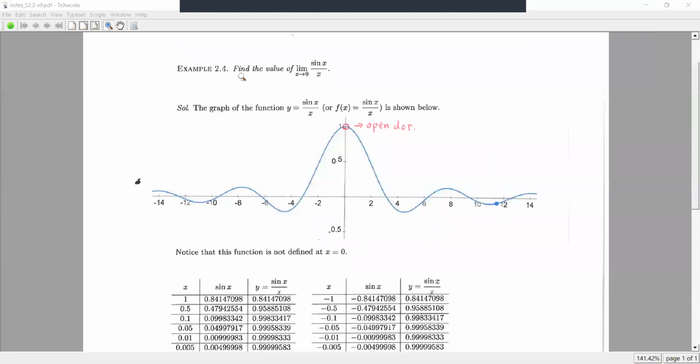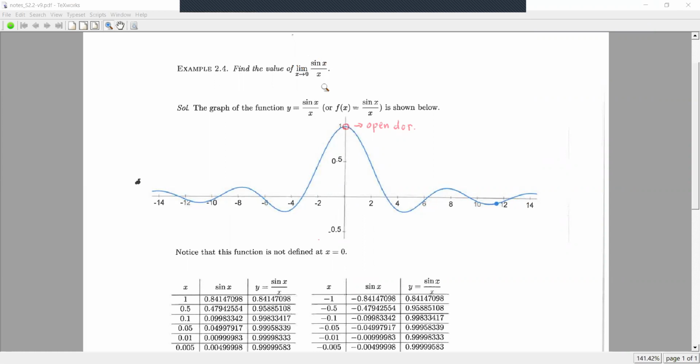Example 4. Find the value of this both sided limit. The function in this limit is psi of x over x. This is the graph of the function. At x is 0, the graph has an open dot because psi of 0 over 0 is not computable. At 0, the function has no value.